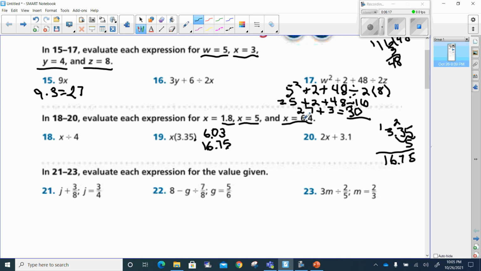All right, let's go to the last one, which is 6.4. This one has 6.4 being multiplied to 3.35. Well, 5 times 4 is 20, gives me a 0 there. 3 times 4 is 12, plus 2 more makes 14.